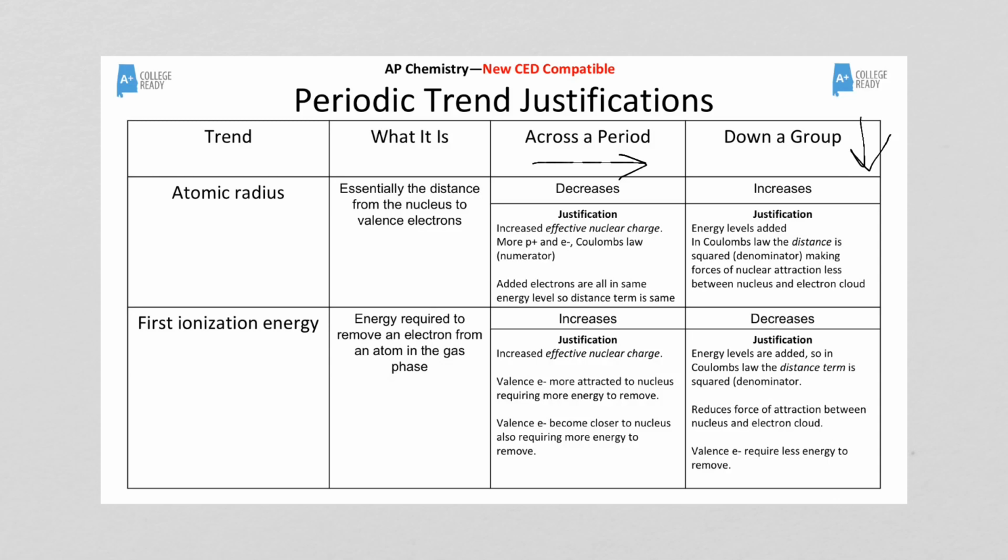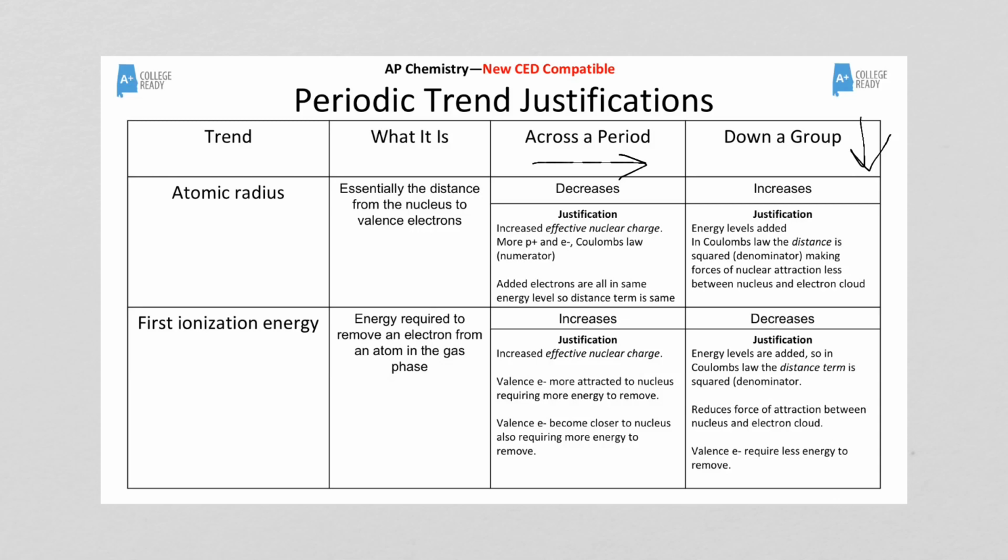First ionization energy. Remember we said these are opposites of the atomic radius trend. Why is first ionization energy increasing as we go across a period? It's because you have one more proton for every element as you go across, which causes a greater attraction for those electrons in the same energy level.